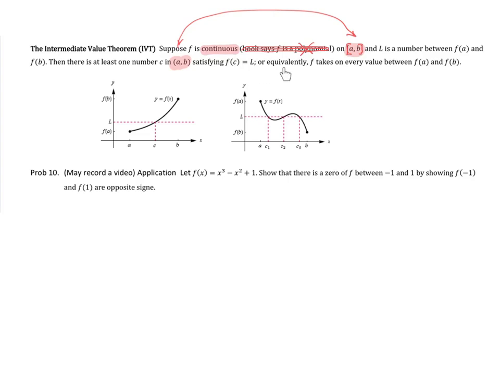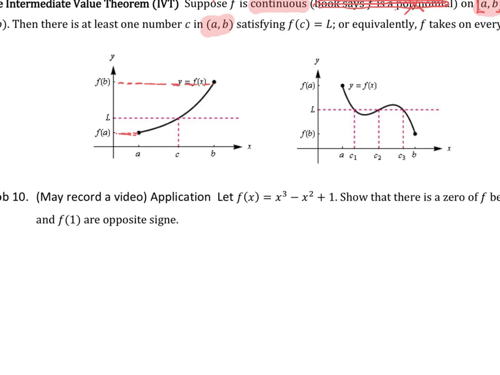So in other words, f takes on every value between f of a and f of b. For instance, the bottom one is f of a. The top one is f of b. Now imagine, I'm going to zoom in a little here, any value in between f of a and f of b.